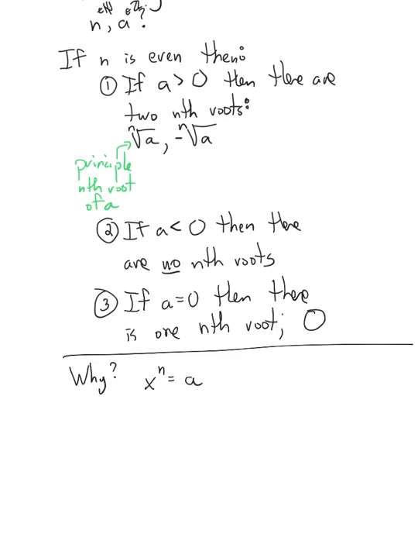So if there's a solution, then it's going to look like x times x times x times x all the way to times x equals a. So this is n copies of x. But remember, n is even, so you can pair them up here.